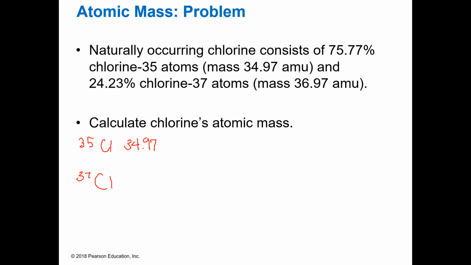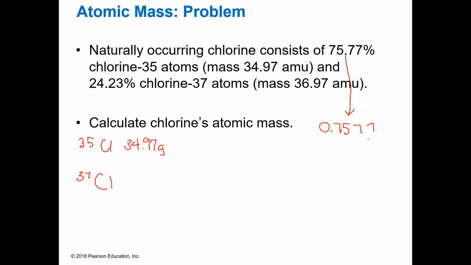AMU. That's a unit called the atomic mass unit. We can also look at this as in grams. Either way, right now I'm just going to leave it as grams. We use those interchangeably. And then it has a naturally occurring abundance. So the abundance of chlorine 35 is 75.77%. Okay, so 75.77% is the same as 0.7577, right?